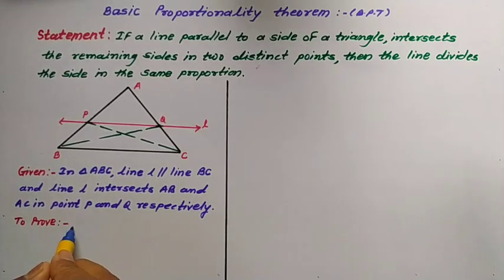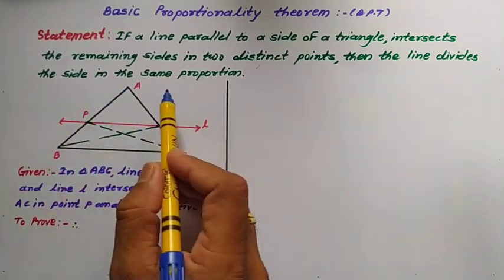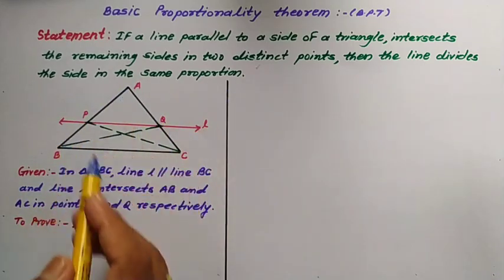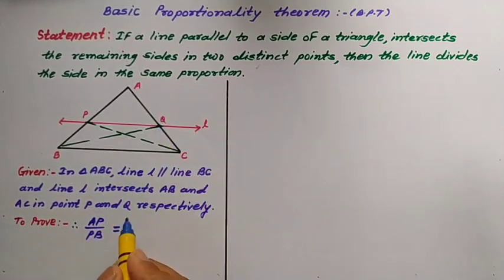Therefore, to prove: AP upon PB is equal to AQ upon QC.